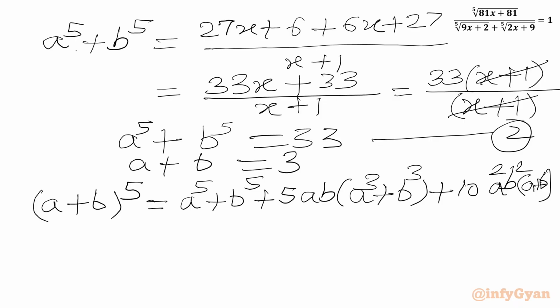Now we have to calculate a cube plus b cube. We can plug in here the a plus b value, which is 3. Here also we will put 3. But a cube plus b cube is not known.